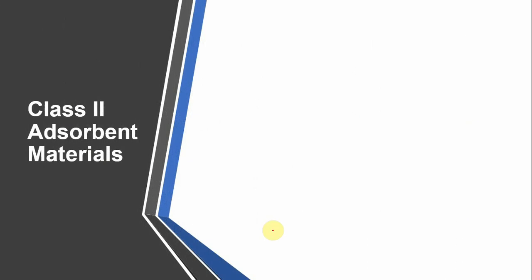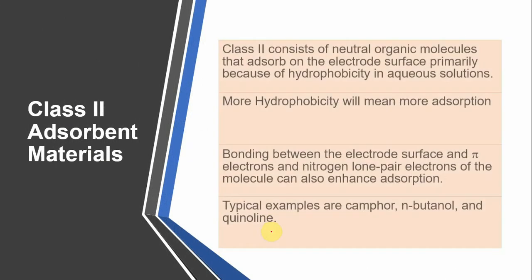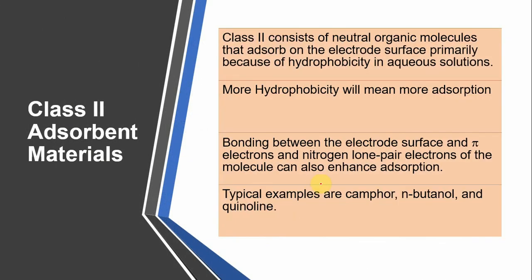Then we have class 2 adsorbent material, and class 2 consists of neutral organic molecules. They adsorb on the electrode surface due to hydrophobicity in aqueous solution. It means that more hydrophobicity leads to more adsorption.